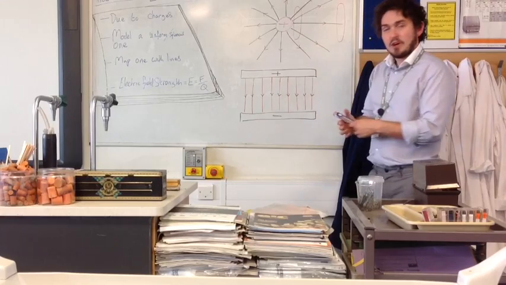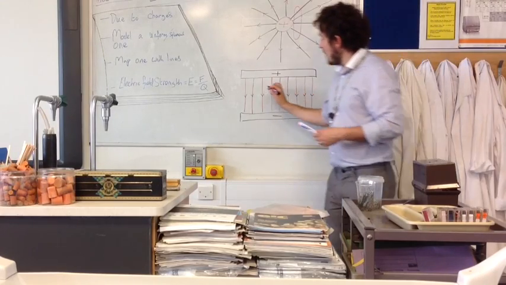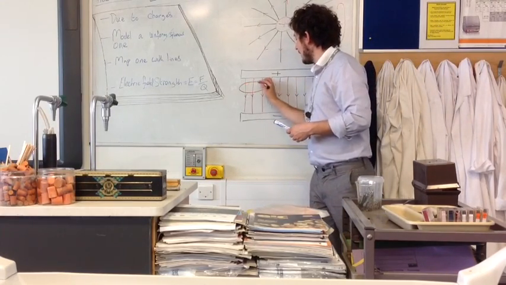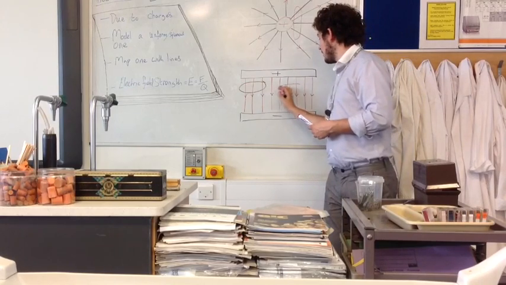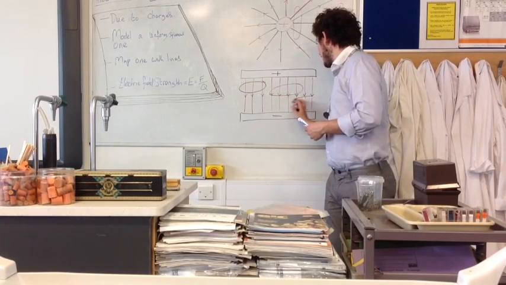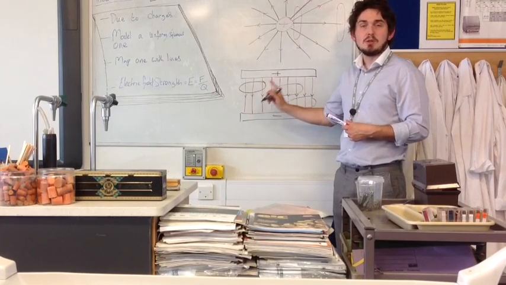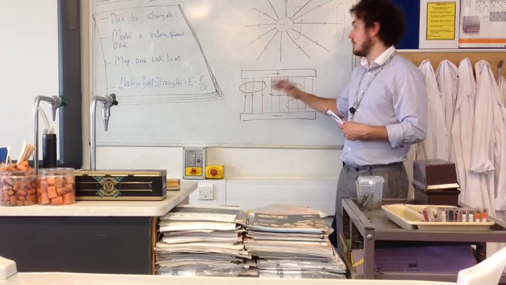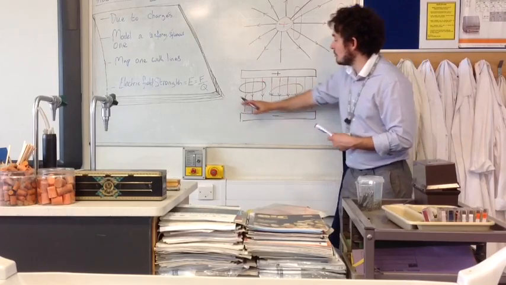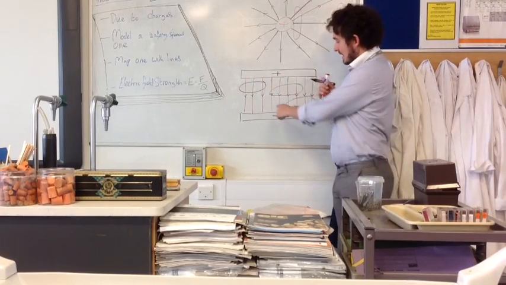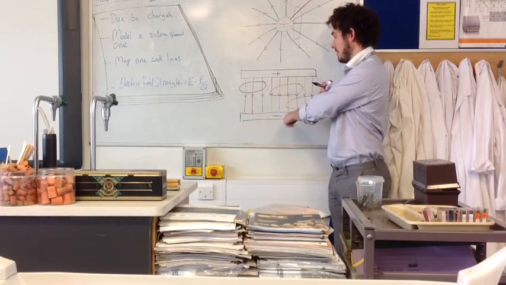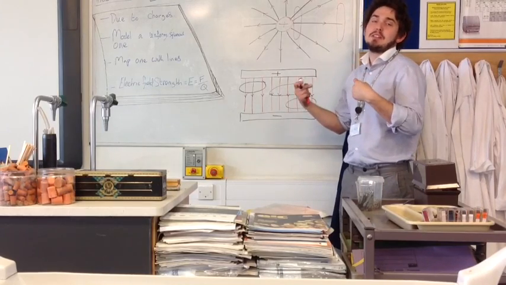If we look at a uniform field, however, no matter where we are within the field, even if we get closer to the plates, if I draw a fixed size anything within there, I'm intersecting with the same number of field lines. So the field itself is constant within those plates. Regardless of how close you get to the positive plate or the negative plate, the field should be exactly the same.